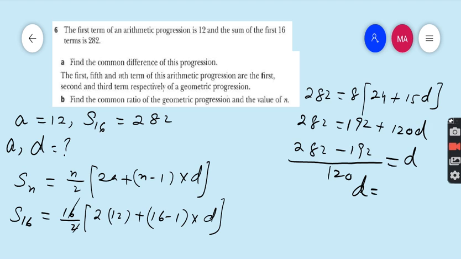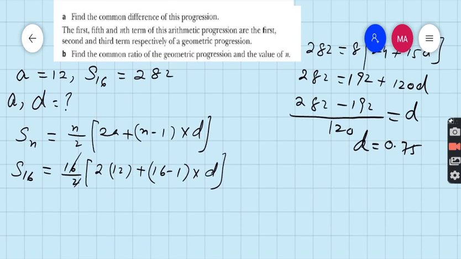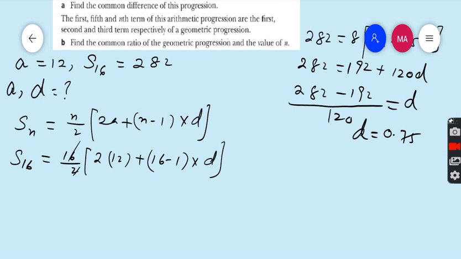Hence d is 0.75. Use the calculator properly. Now come to part B. 0.75 is the answer of part A.